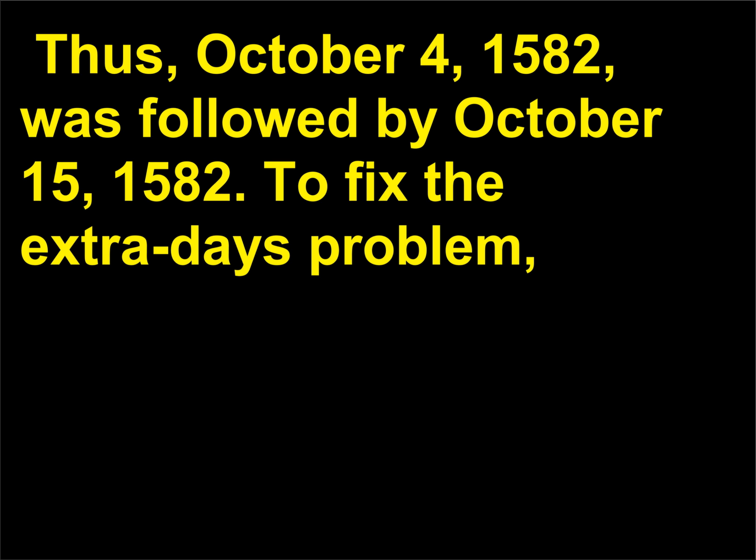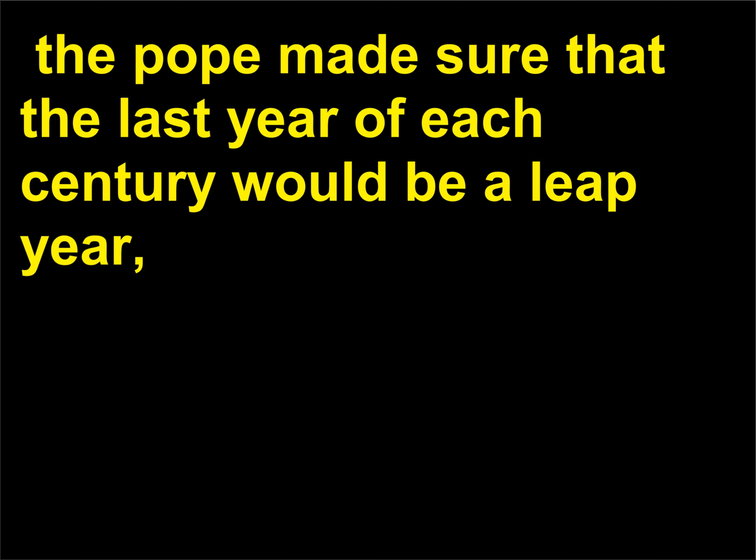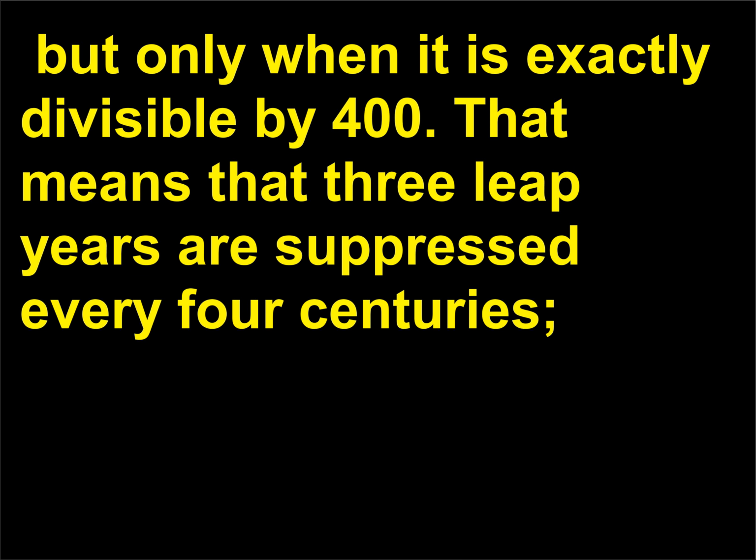Thus, October 4, 1582, was followed by October 15, 1582, to fix the extra days problem. The Pope made sure that the last year of each century would be a leap year, but only when it is exactly divisible by 400. That means that 3 leap years are suppressed every 4 centuries.